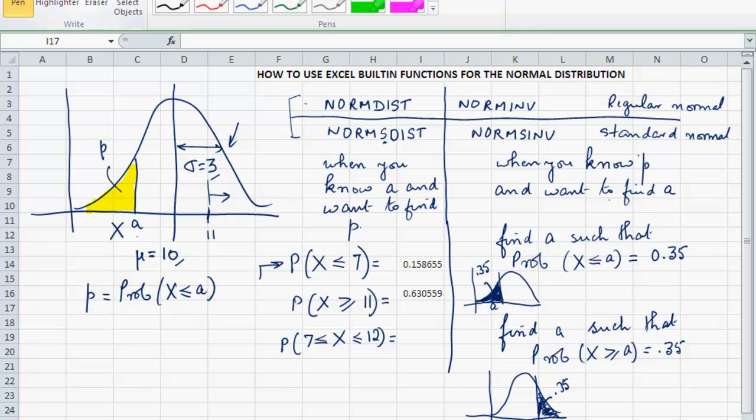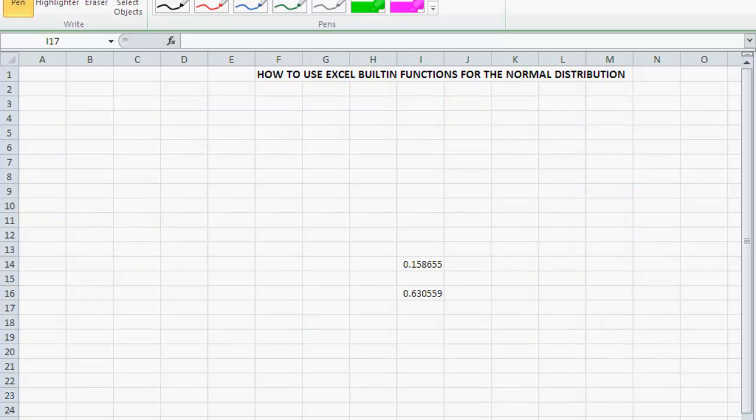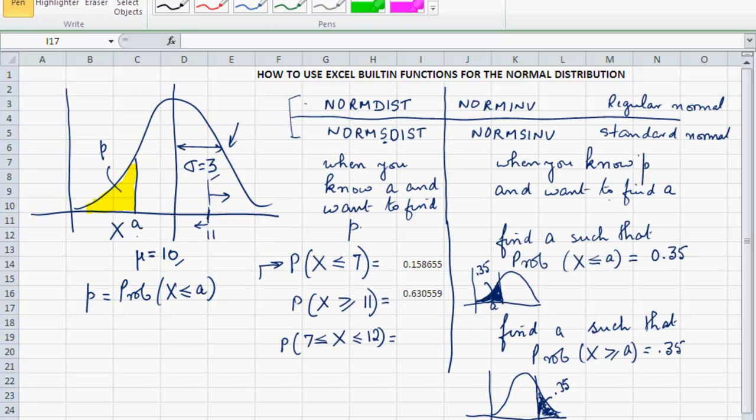But this 0.63 is the area to the left of 11. Okay, always remember that the Excel built-in function norm dist, norm s dist, always gives you the area to the left of a point on the x-axis. Okay, it never gives you the area to the right. This is for the norm built-in function. So since I want the area to the right of 11, you know how to solve that problem.